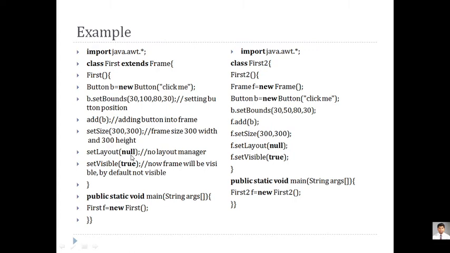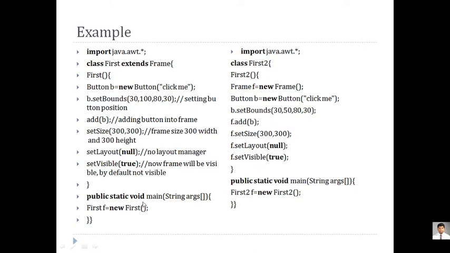For setLayout, I have not specified any layout here, so setLayout is null. setVisible, I want to display everything on the screen, so it is true. If you don't use null, by default the framework's FlowLayout will be applied automatically. So if I say null, no layout object is being specified. setVisible will make this button visible on the screen.